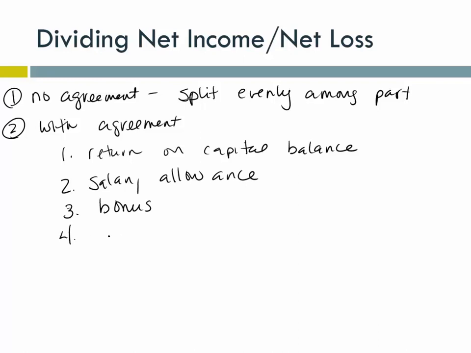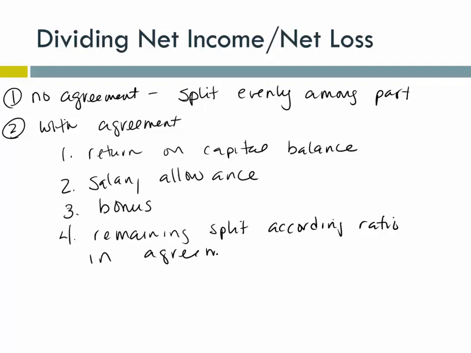But then the fourth thing, any remaining amount. So after I've paid out whatever I've set for return on capital balances and whatever salary, any remaining will be split according to the ratio in the agreement. So you might see they say the remainder is split evenly.